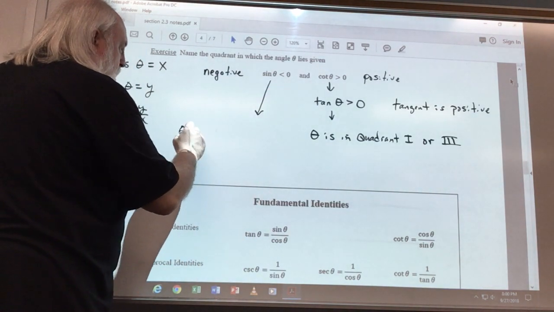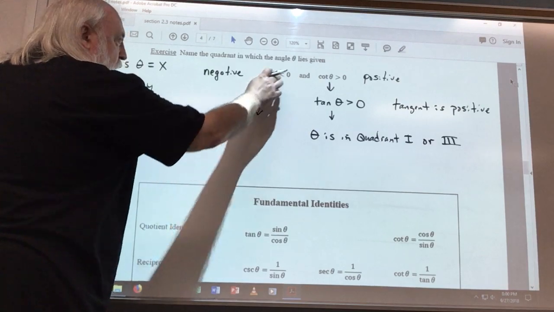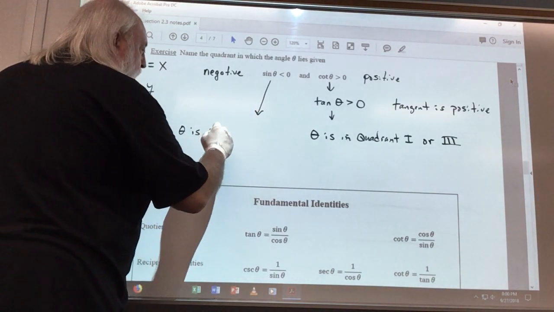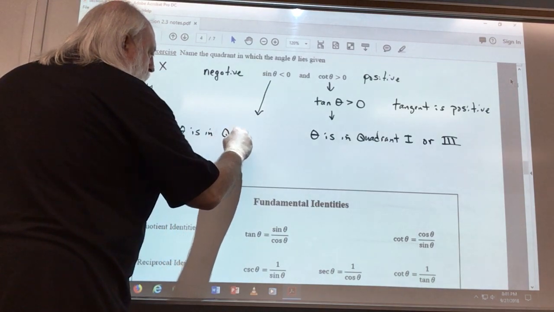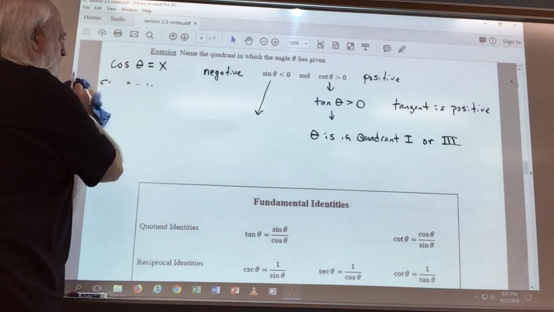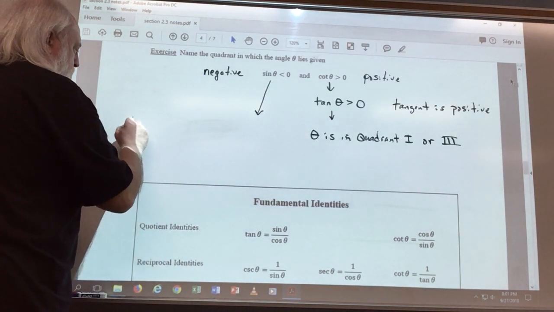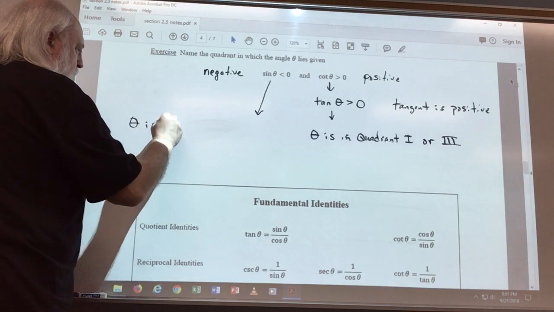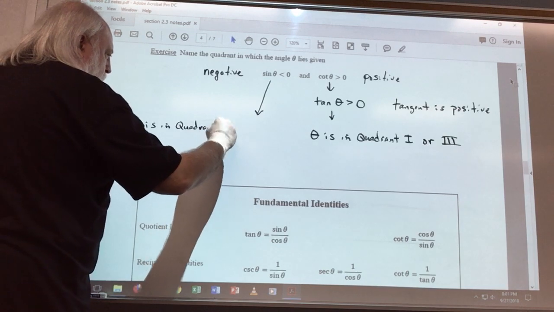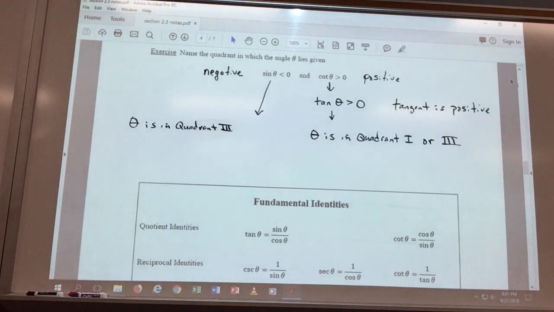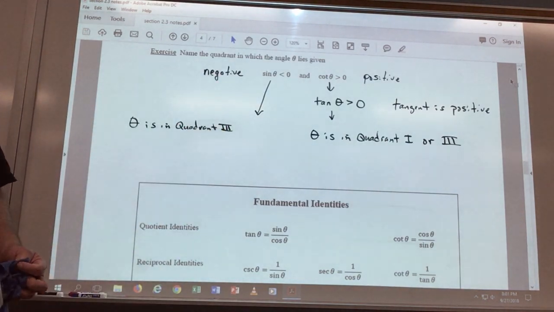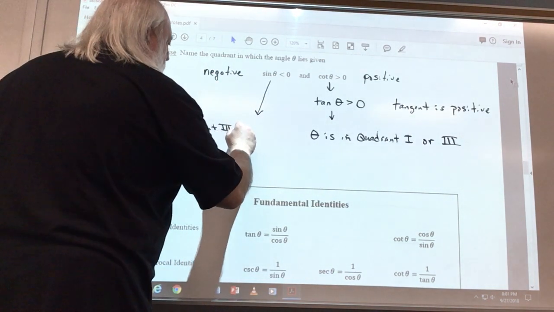So theta, based on the sine function being negative, could be in quadrant 3. But in quadrant 4, only cosine is positive, sine is negative, so theta could come from quadrant 4 as well.